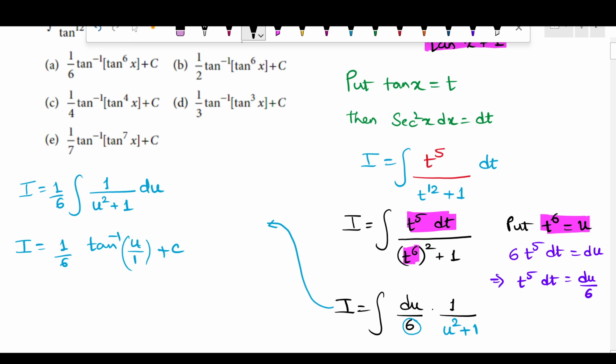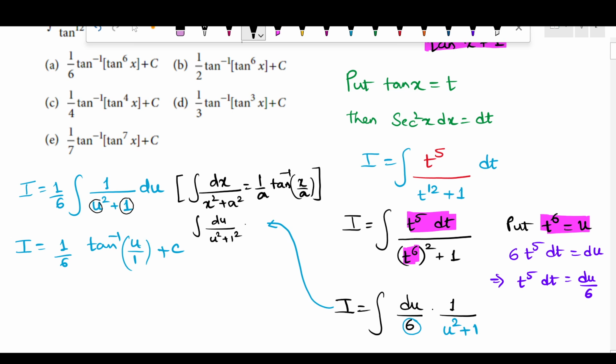As we know the formula, integration dx over x square plus a square is equal to 1 by a tan inverse x by a. So here in place of x we have u, in place of a we have 1. So the integration of du upon u square plus 1 square is equal to 1 by 1 tan inverse u by 1, which comes out to be tan inverse u only.